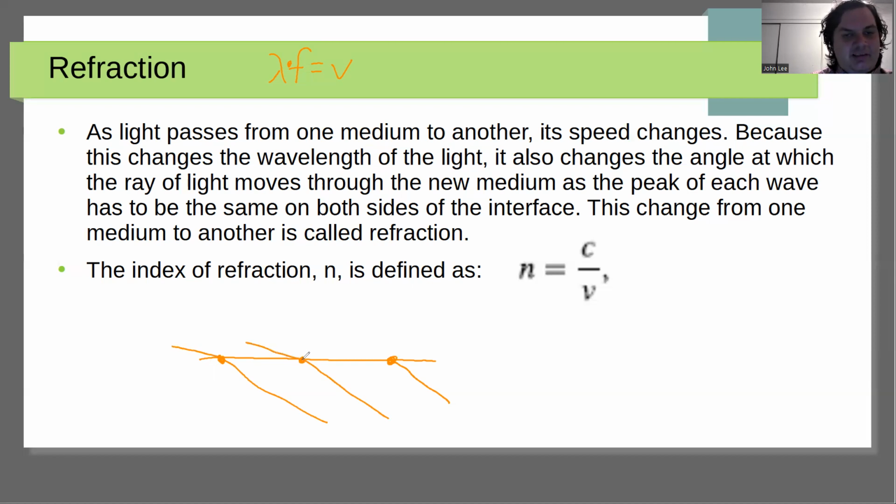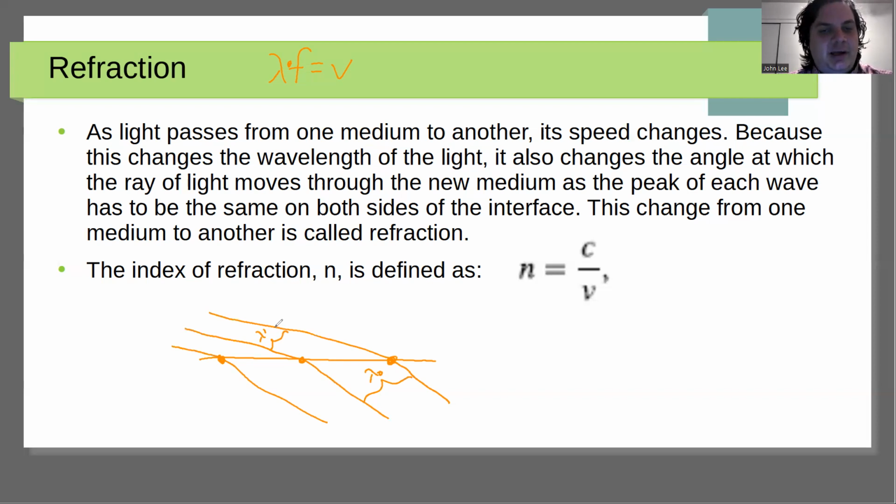So the wavelength is going to be the distance between each of these peaks. So this is one wavelength of your initial wavelength, and then this is your second wavelength, which I'm going to call lambda prime.